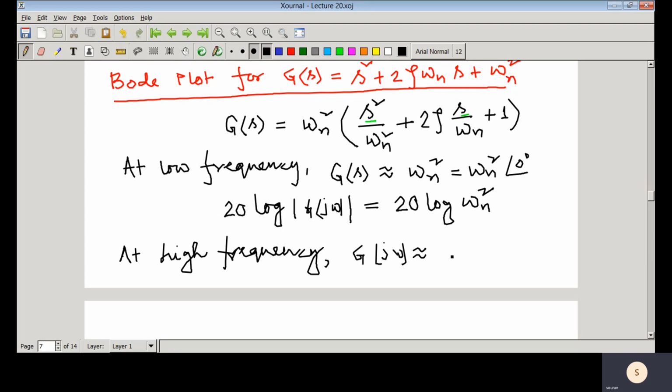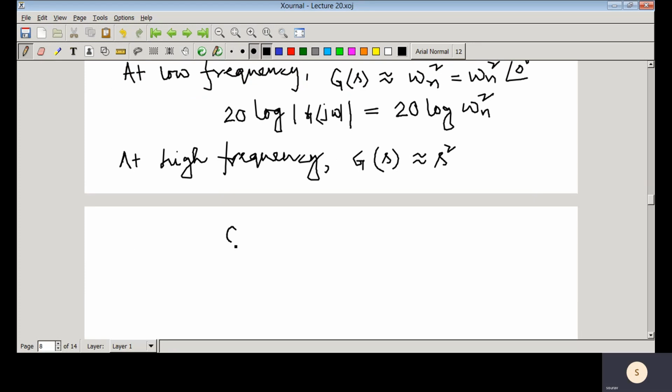So this is approximately equal to s square, that means G(s) is approximately equal to s square at high frequency, and then G(j omega) is approximately minus omega square.